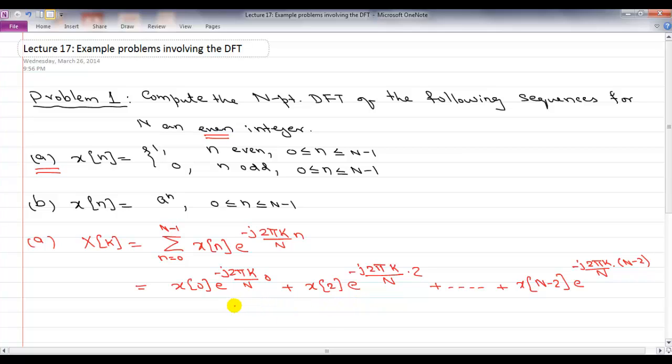N is even, so x[N-1] is odd and will be 0. So we have just the even indices, and I can collect them into a compact form.